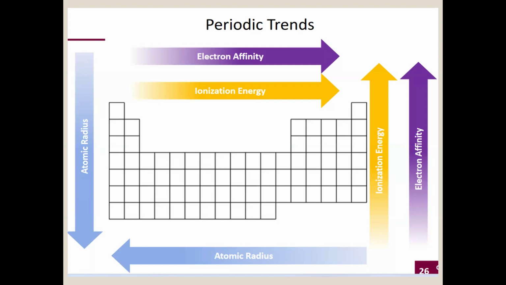When the radius decreases, attraction force increases, so it will be difficult to lose an electron. So ionization energy will increase. We'll need more energy to lose an electron. Electron affinity will increase because the atom will love to accept more electrons.